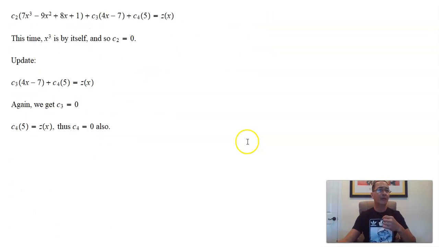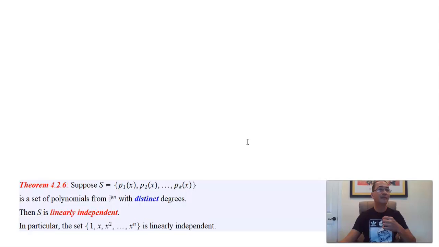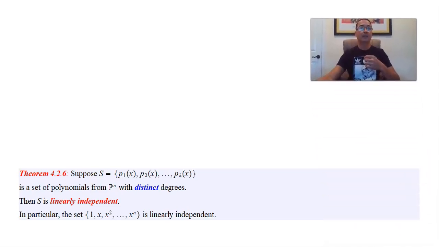Therefore, we can make this generalization. If you have k polynomials, and they have distinct degrees, so in particular we can arrange them in decreasing degrees, then that set of polynomials must be linearly independent.